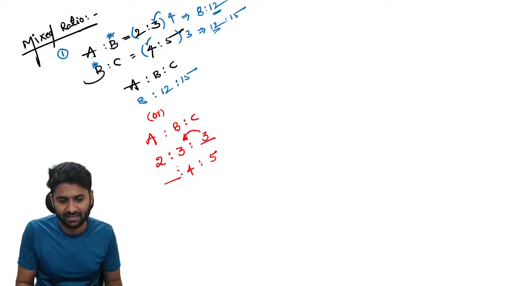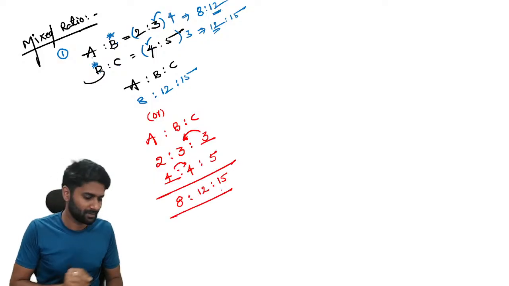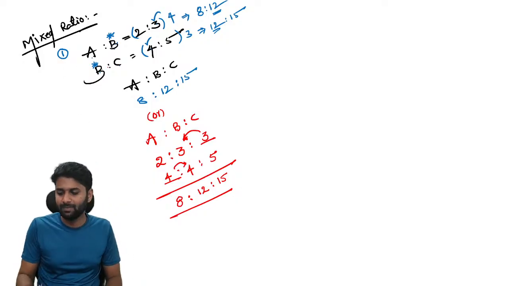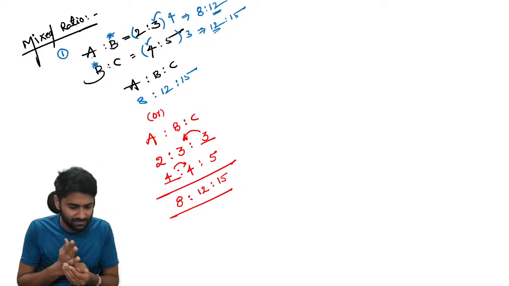Let us take here 3. Replacing element 4. Then multiply here. 4 into 2 is 8. 3 into 4 is 12. 3 into 5 is 15. So is it clear? ABBC concept. Please let me know in the comments. Is it clear?